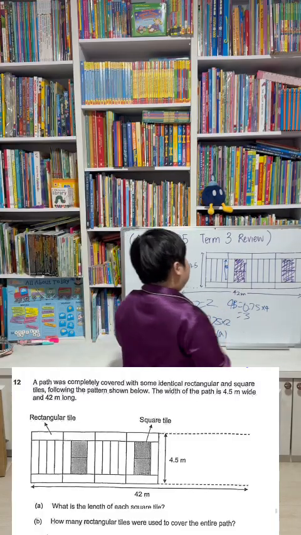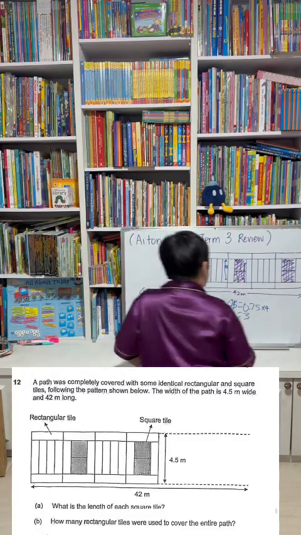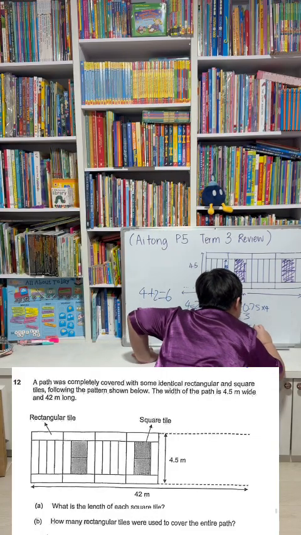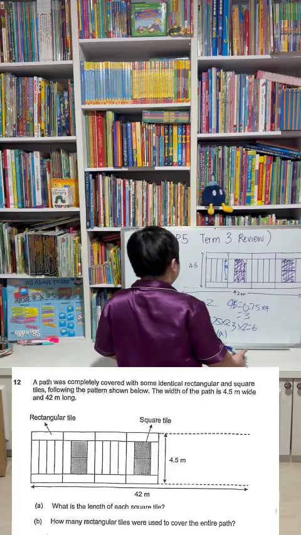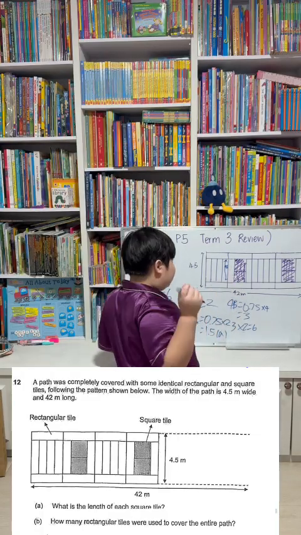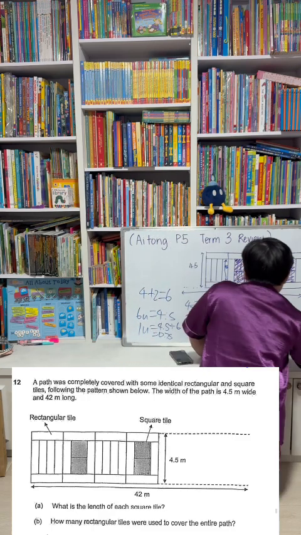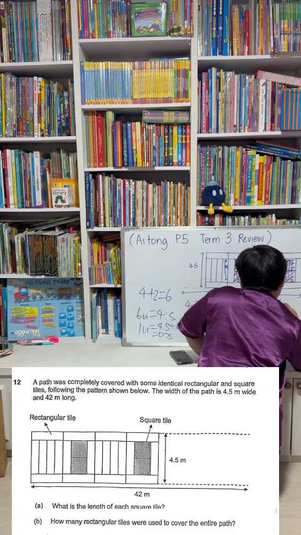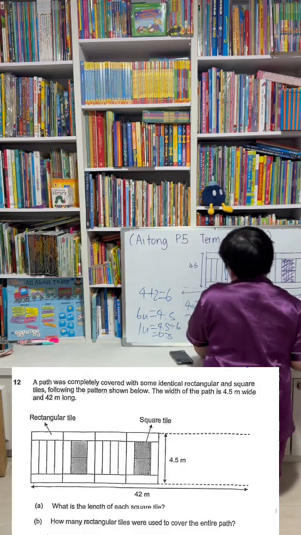So we find the length of that. So we do 3 times 2 equals 6. Then we can find how many sets of these are there by doing 42 divided by 6 equals 7.